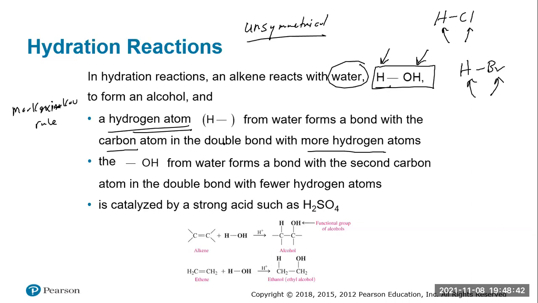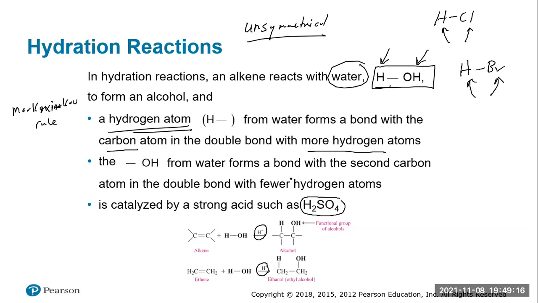So whichever carbon atom, when you had the double bond there, had the most hydrogens directly attached to it is where you would add the hydrogen. And then the other element, either the Cl, the Br, or the OH, will end up on the carbon that had the least number of hydrogens. So this is sometimes catalyzed by a strong acid like sulfuric acid, sometimes abbreviated with just an H+ up on top, which means an acid catalyst.